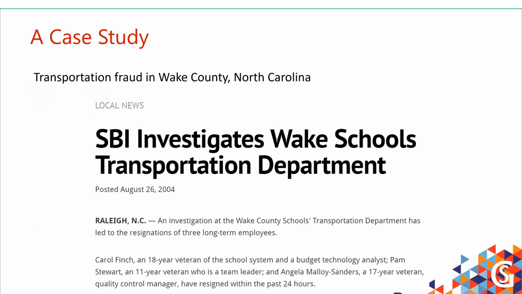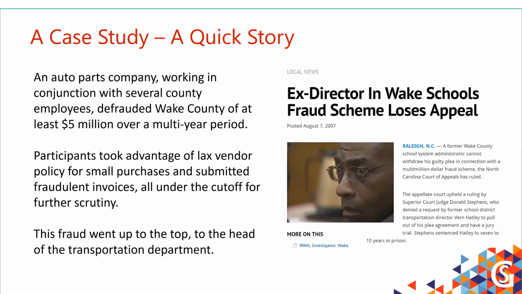My talk today is going to be focused around a case study. This happened in my neighboring town of Raleigh, North Carolina, and has to do with an auto parts company who was working in conjunction with a few county employees to defraud the county of over $5 million over a multi-year period. The way that this worked was that this auto parts company would submit invoices under the limit for what required 2 signatures.